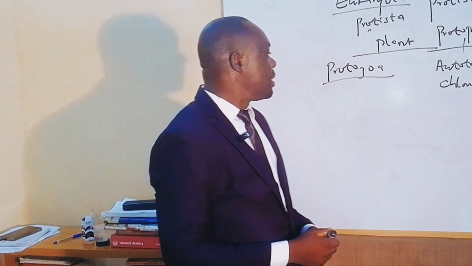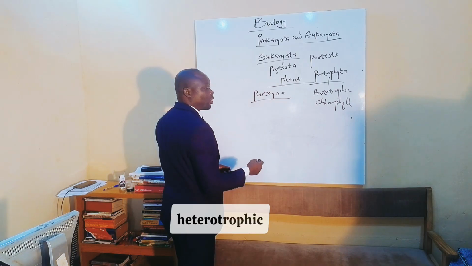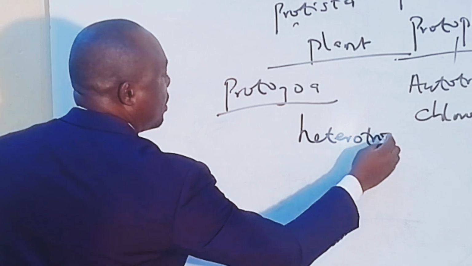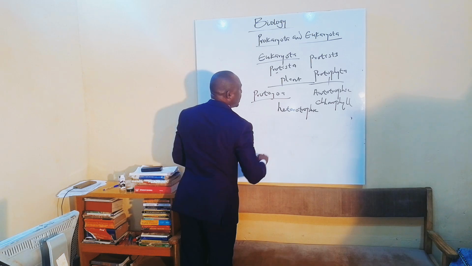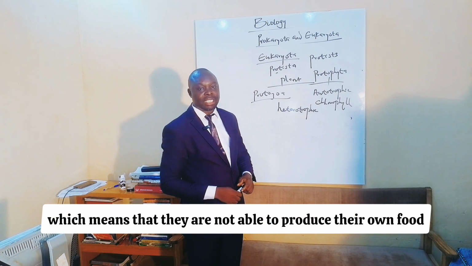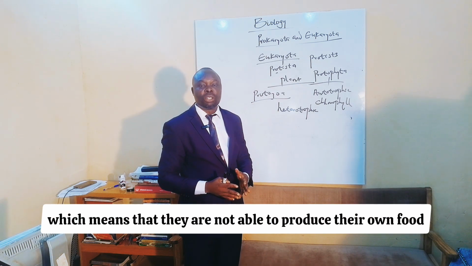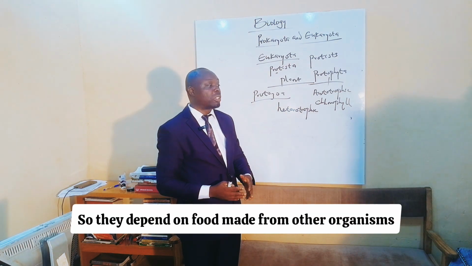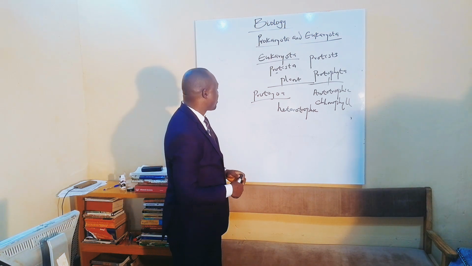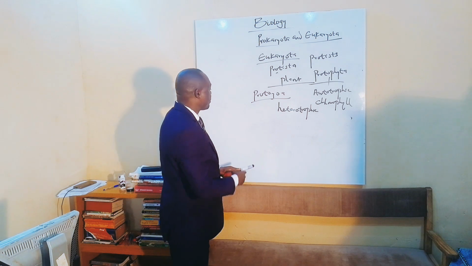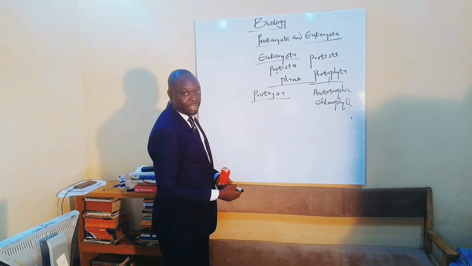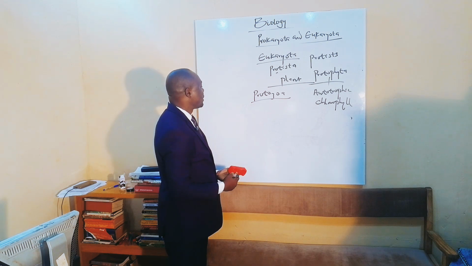They are heterotrophic in their mode of nutrition, which means that they are not able to produce their own food, so they depend on food made from other organisms. Most of them are aquatic, they live in water.